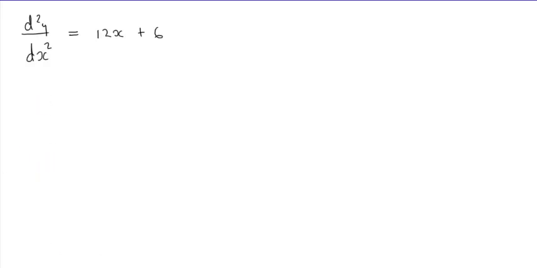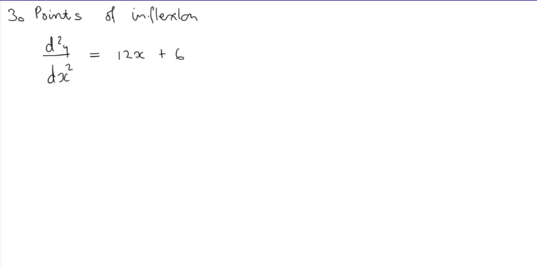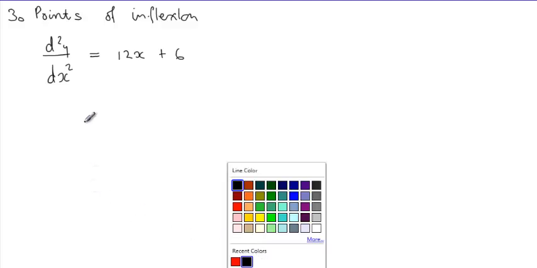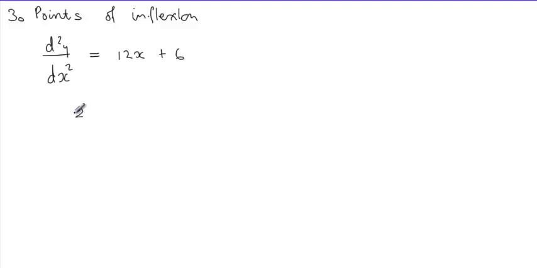Sorry, we need to indicate that we are now finding the points of inflection. There could be more than one, but we just write this. It can be one or more, it's fine. So the second derivative must be equal to 0. So let's set 12x plus 6 equals 0.